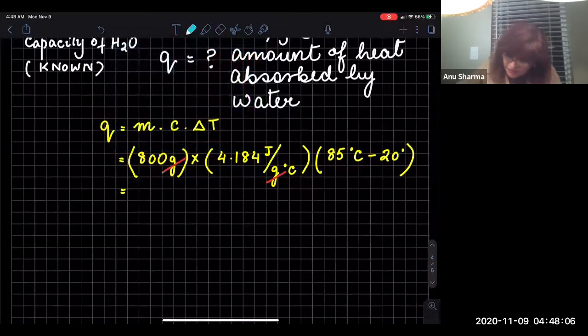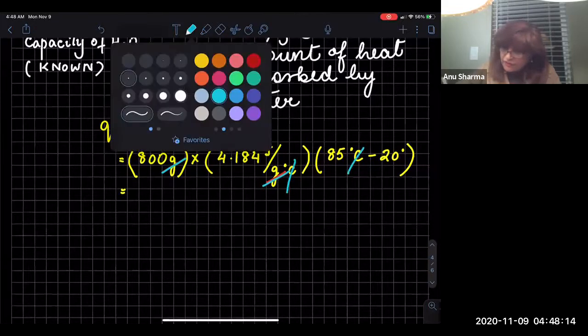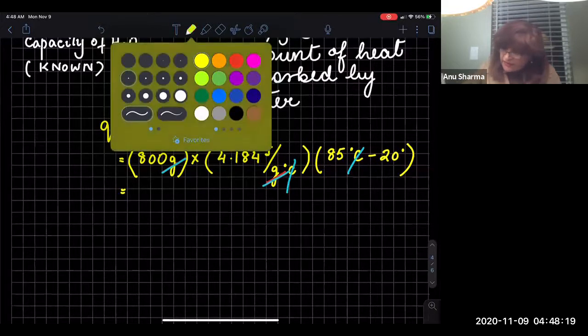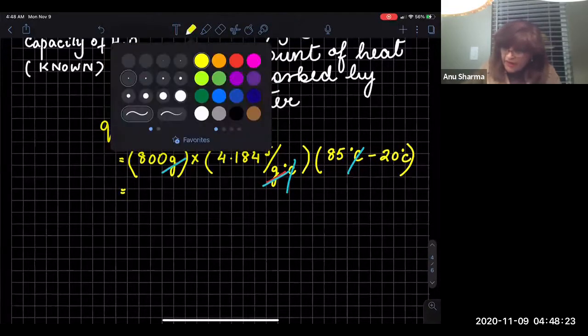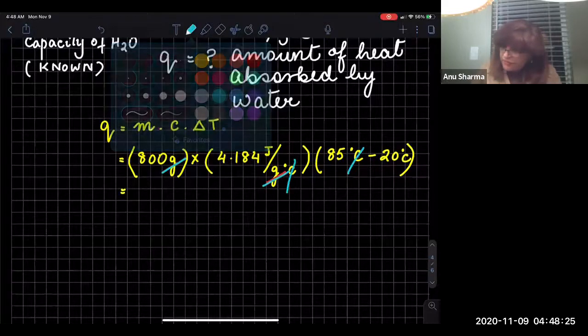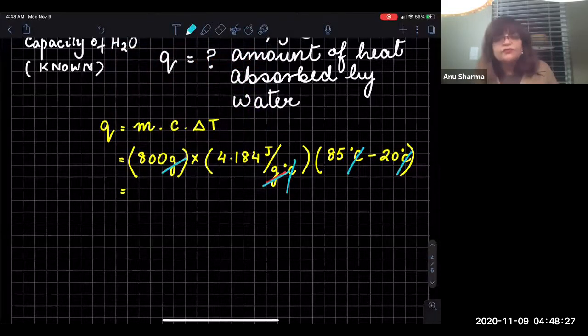Let's make it more conspicuous. Grams and grams cancel out, and Celsius and Celsius cancel out. That one also is going to be in degree Celsius, so this is also going to cancel out. We are then left with just the unit of joules.